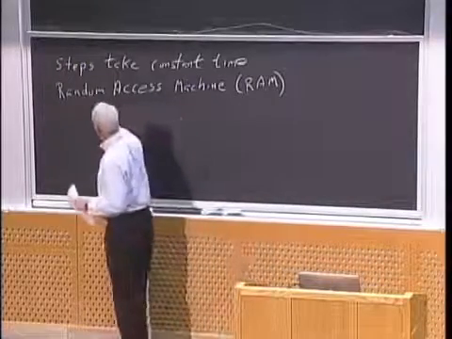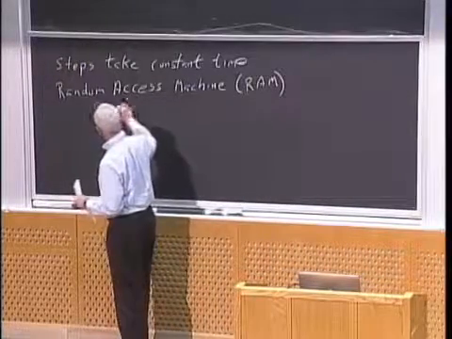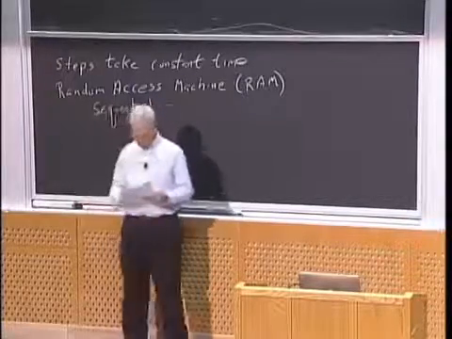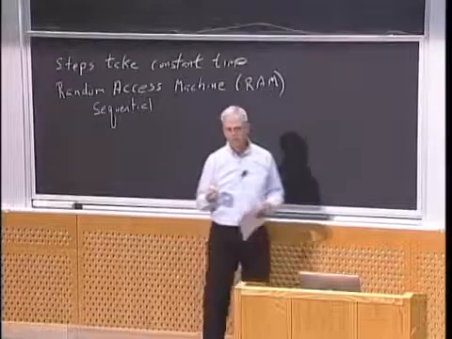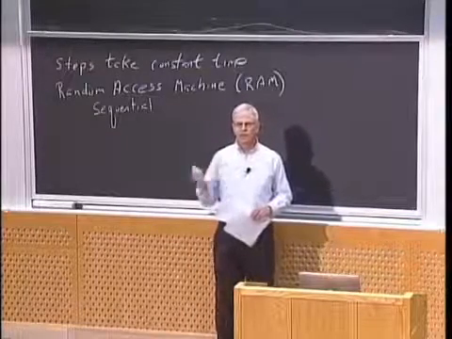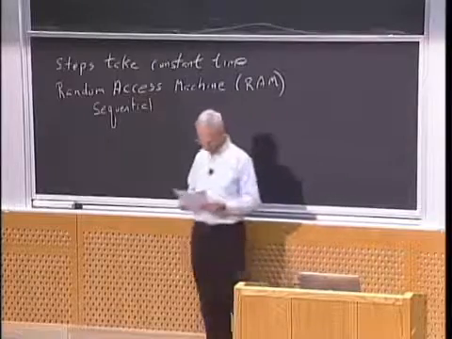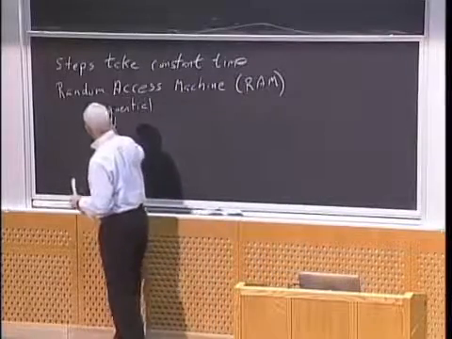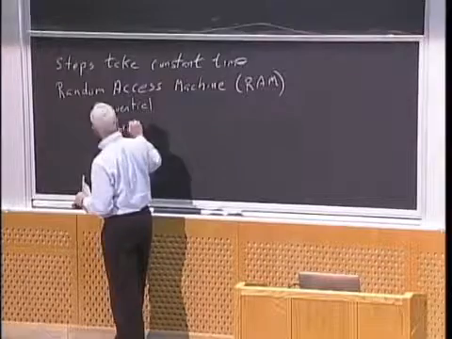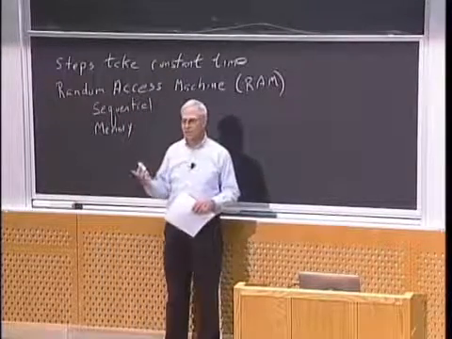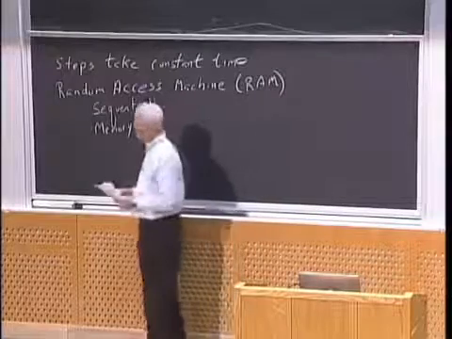That is to say, they're sequential. Only one thing happens at a time. And we assume constant time required to access memory, so we can access at random any object in memory in the same amount of time as any other object.